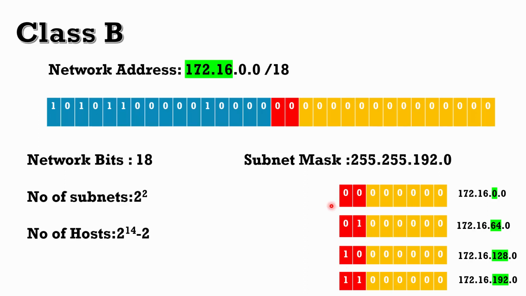If you want to calculate the subnet addresses, we have to keep the network bits as they are. That means 172.16 remains the same, and the third octet changes according to the subnet bits I have taken here.